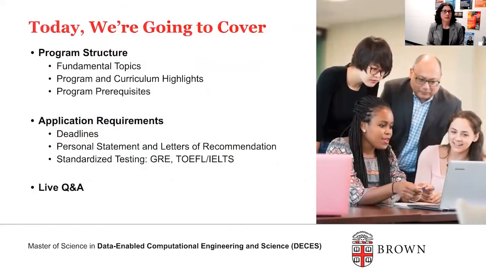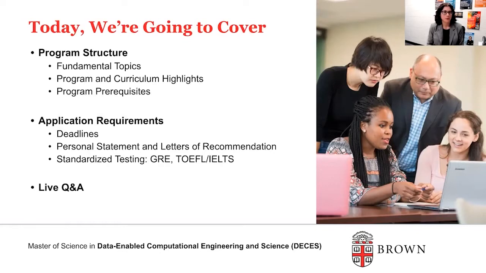And then this is the table of contents, if you will, what we're going to be covering in this info session tonight. We're going to go over the program structure, including the fundamental topics of the program, the curricular highlights of the program, and the prerequisites, what we're looking for if you're applying to this program.